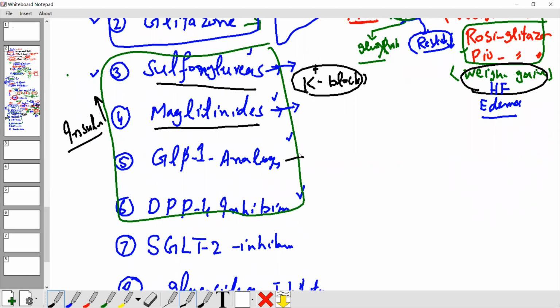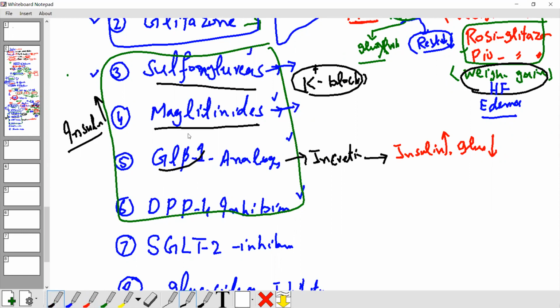And what are these drugs? The glucagon-like peptide analog, the drug name incretin. What does incretin do? Incretin increases insulin release and decreases glucagon. What is a DPP4 inhibitor?